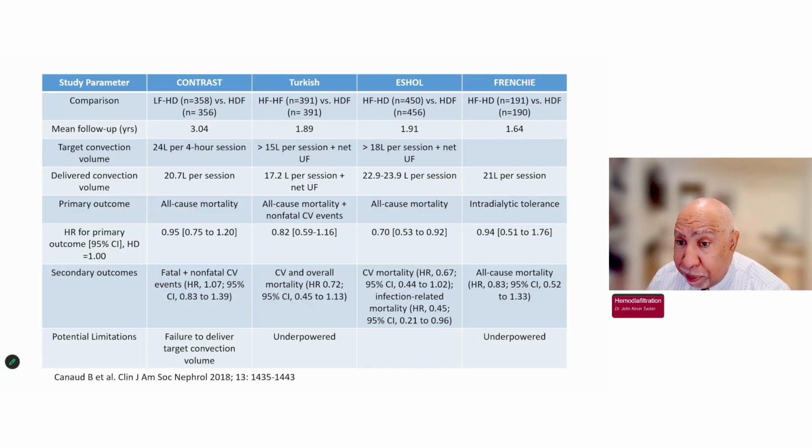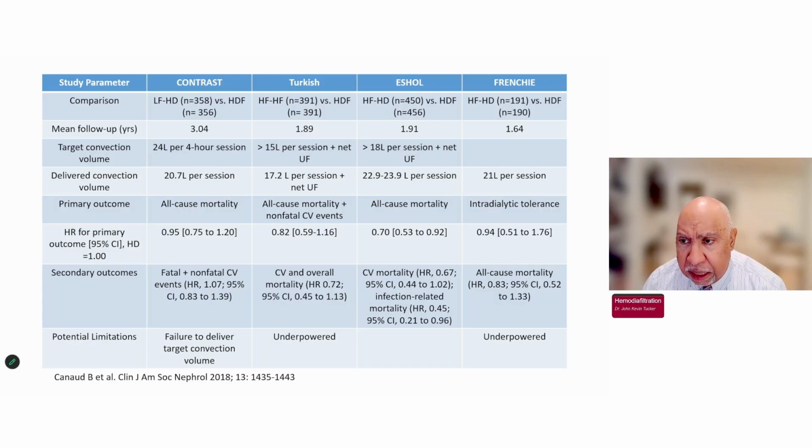This trial was underpowered. The ESHOL study, high flux hemodialysis versus hemodiafiltration, mean follow-up of 1.91 years, target convection volume greater than 18, and most achieving that rate of 22.9 to 23.9 liters per session. Primary outcome, all-cause mortality, and you can see a 30% reduction for the primary outcome.